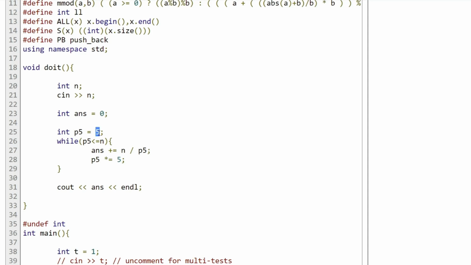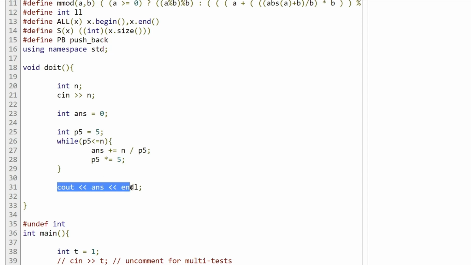And for 25, every 25th number will be divisible by 25, and thus 5 to the power of 2 will appear in its prime factorization, okay? So we simply divide n with p5 every time, and we append this to the answer. And then we multiply p5 by 5 every time, so that we jump to the next power.